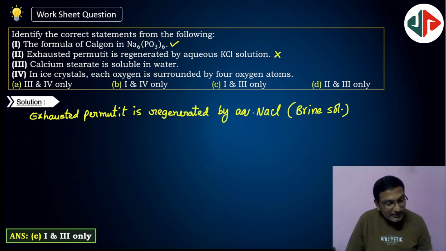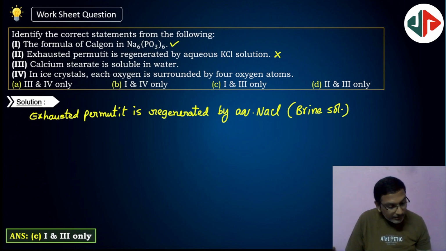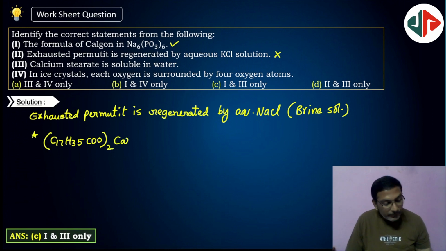Next, calcium stearate is soluble in water. Calcium stearate is a stearic acid derivative. The stearate ion is C17H35COO, so (C17H35COO)2Ca is calcium stearate, that is soluble in water, an ionic compound.